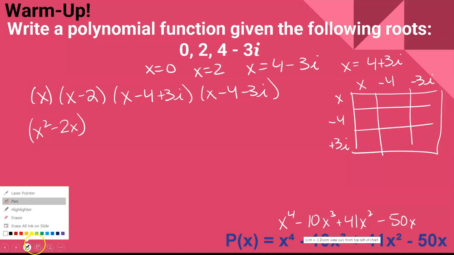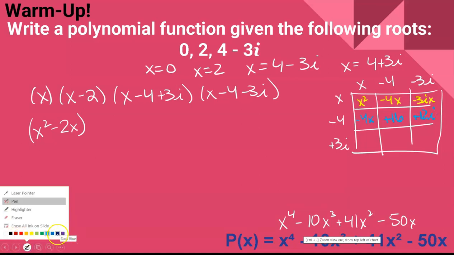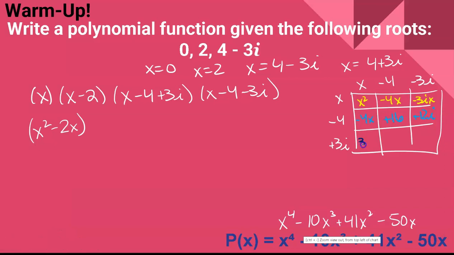X times x is x squared, x times negative 4, x times negative 3i. My next row, that becomes negative 4x, positive 16, positive 12i. And then my final row becomes 3ix, negative 12i, and negative 9i squared.